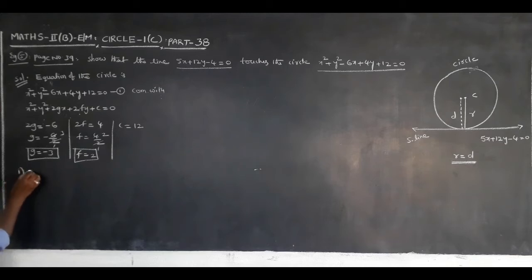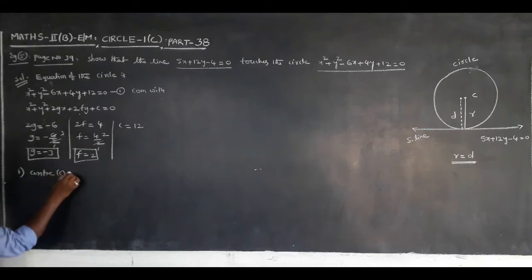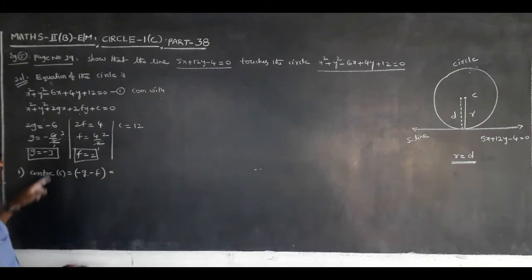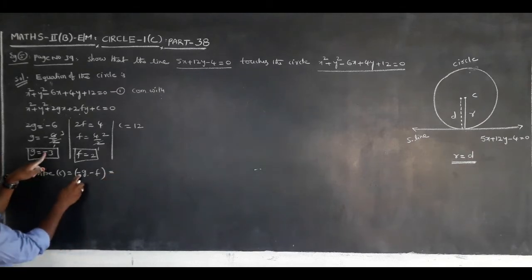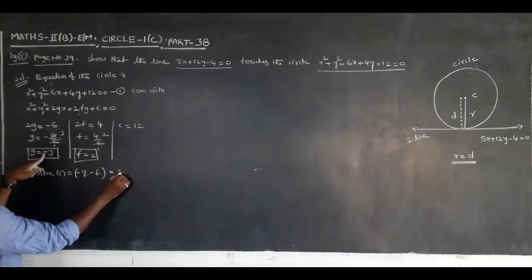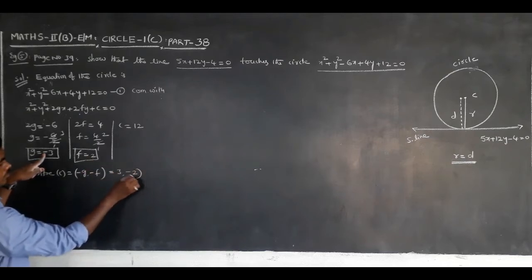First, find the center of the circle, which is (-g, -f). Minus into minus, plus 3, and -f is -2.